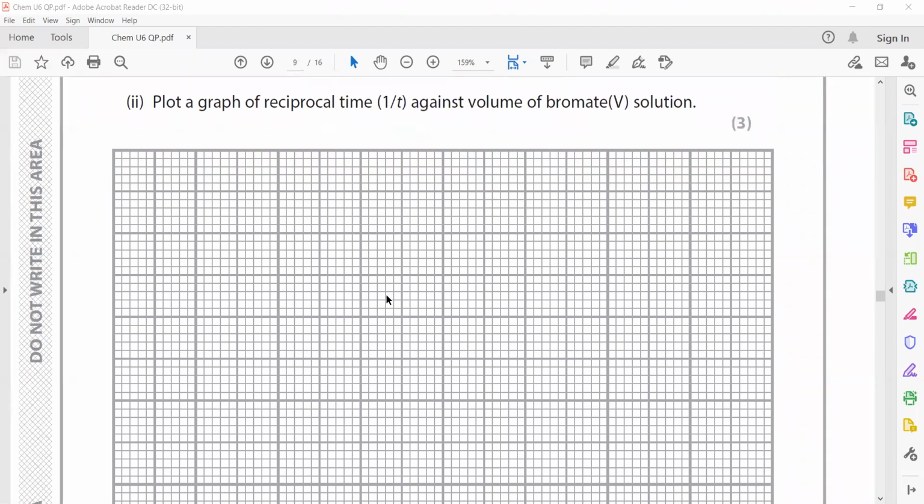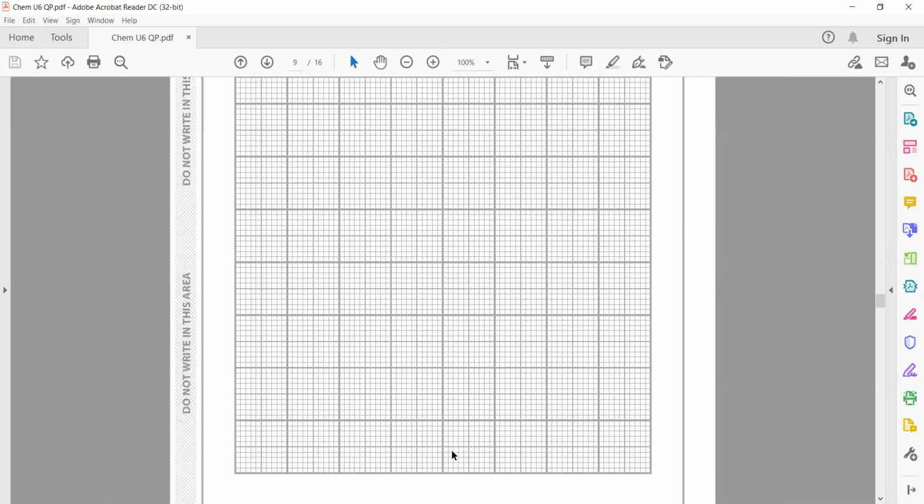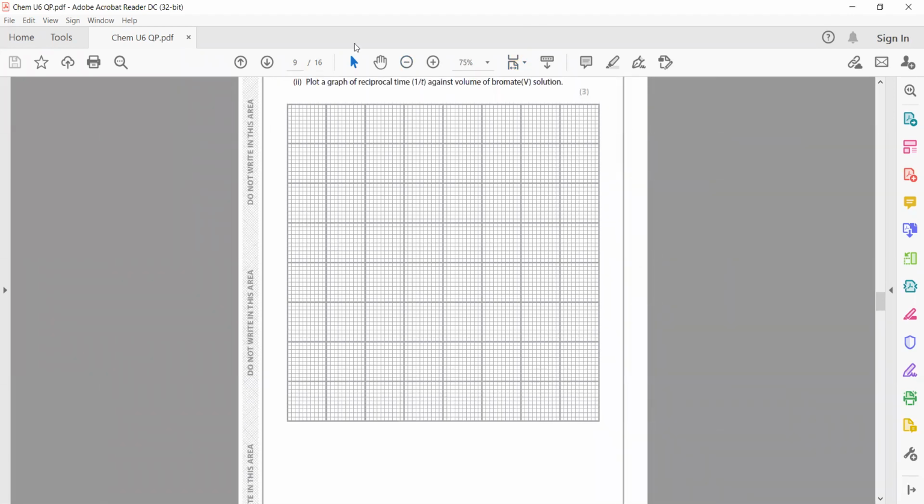Plot a graph of reciprocal of time against the volume of bromate(V) solution. So we have reciprocal of time, 1 over t. Basically, we know rate is equal to concentration divided by time. So we are plotting for volume.